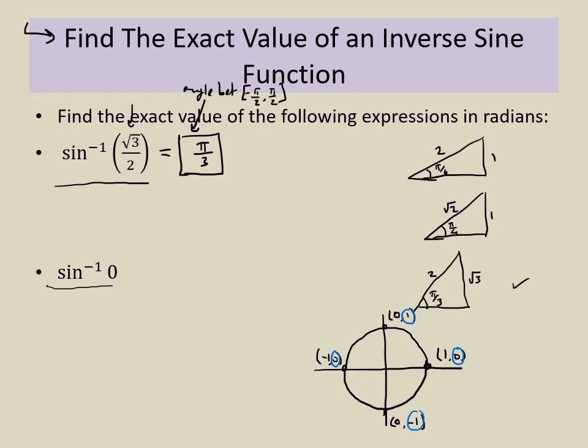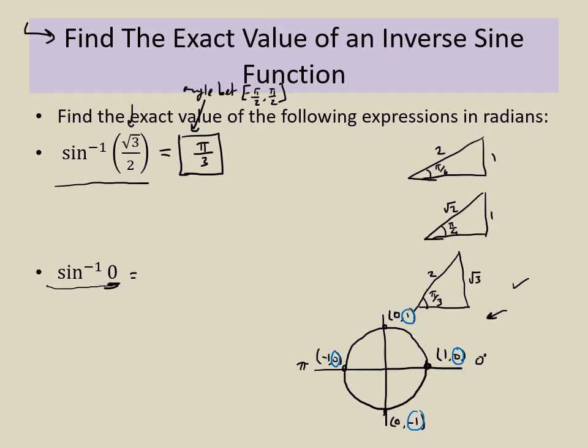So this question is asking which angle has sine equal to 0? Look at this. Well, obviously, angle 0 degrees, right? Sine of 0 degrees is 0, but pi, also, sine of pi is also 0.